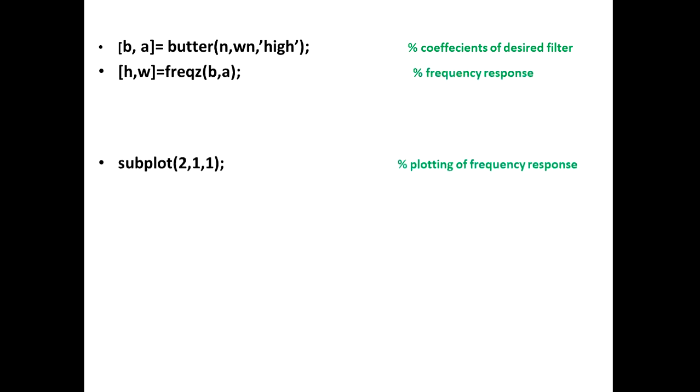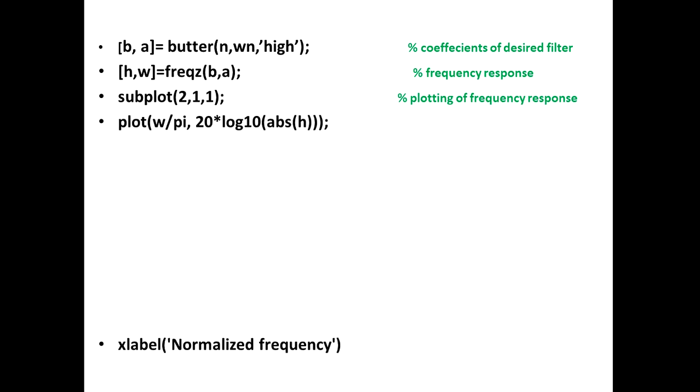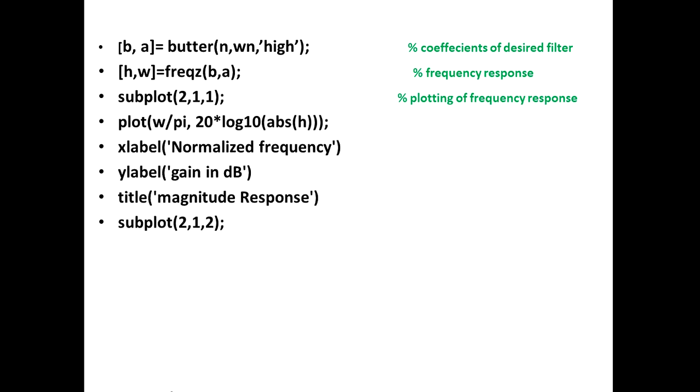Then while entering the keyword butter, along with n and omega n, we have to specify it as high. By using this function, it will give the filter coefficients for the high pass filter. Then again we are following the same steps for plotting the magnitude and the phase response.